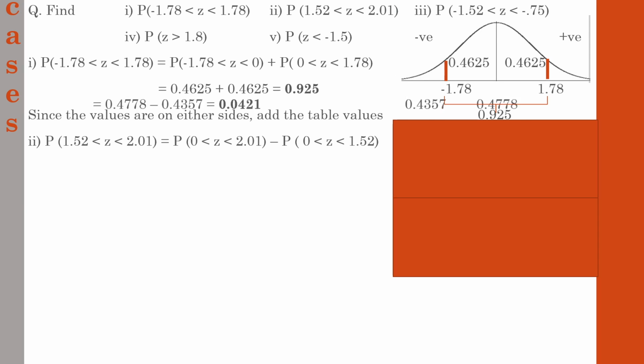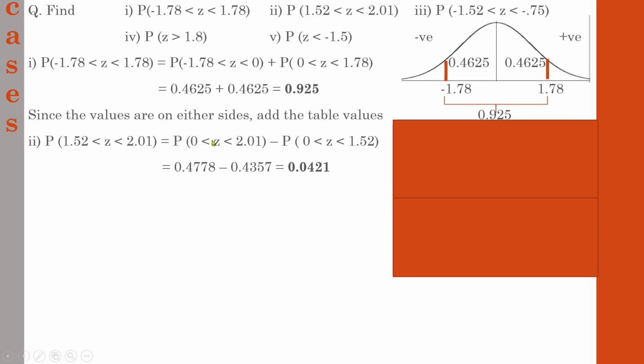So first of all, you need to write it like this: P of 0 less than z less than 2.01, because here this value is the biggest value, so it is represented like this. Whenever there is a positive value, the flow of signs is shown like this: 0 represented by z.